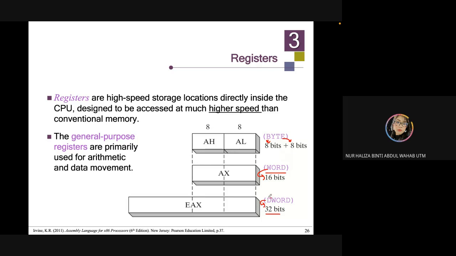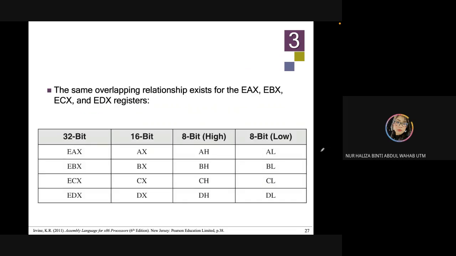After that, if there is a double word, double byte, then you know how big the space is. The same thing applies for EAX, EBX, ECX, EDX. It is a similar space; over here we have 16 bits for AX, BX, CX.